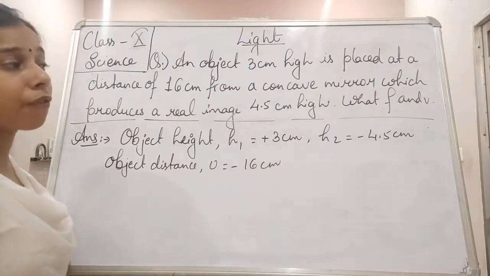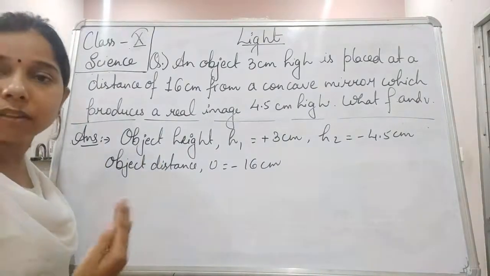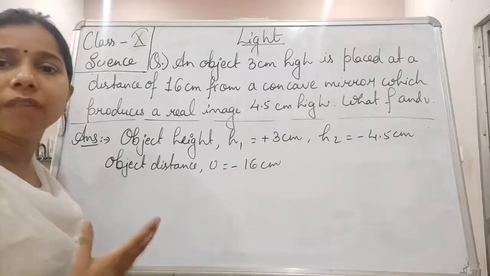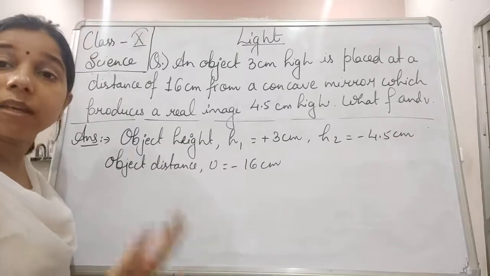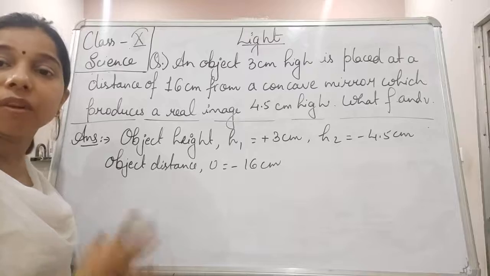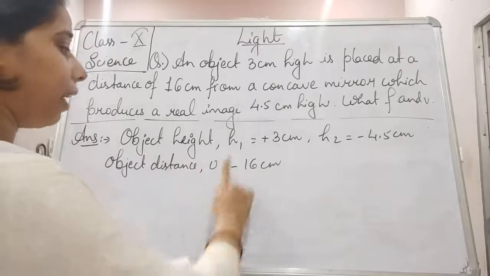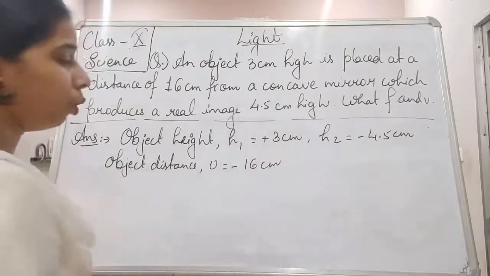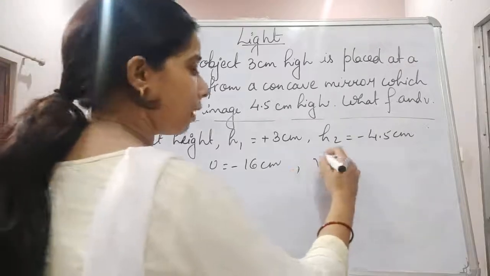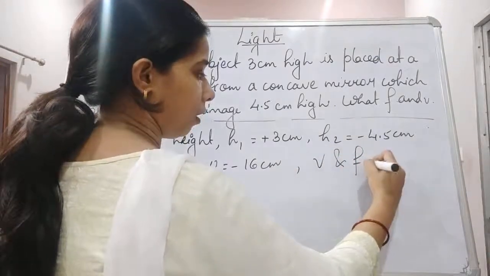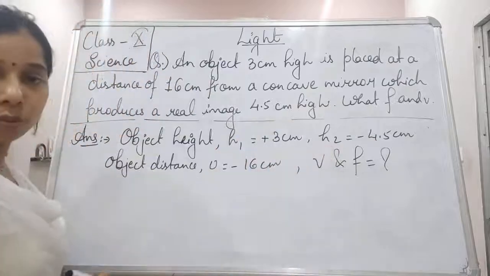Because you know that in case of a concave mirror, the object is kept at the left side. Everywhere, student, even for the convex, the object distance is always negative. So h1 is given, h2 is given, u is given. The things which we have to find are v and f.